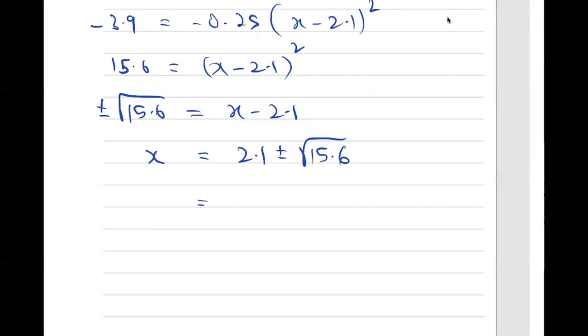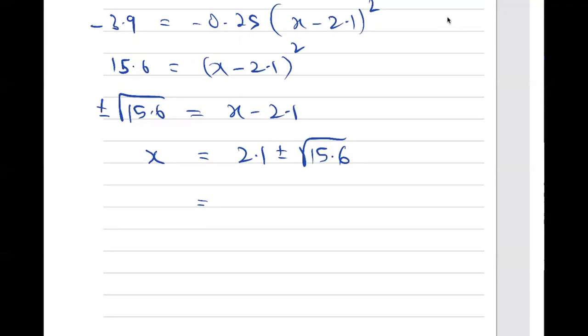So it becomes 2.1 plus the square root of, oh dang, I'm using my phone. I've left my calculator at school. That's not good. That's all right, it works in a slightly different way. 15.6, take the square root of that.